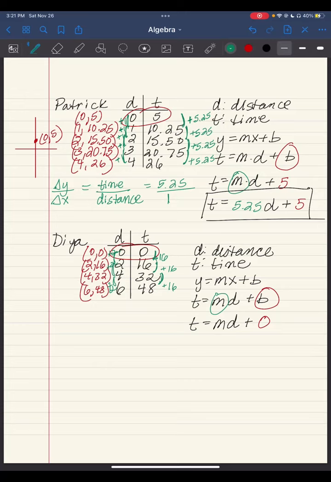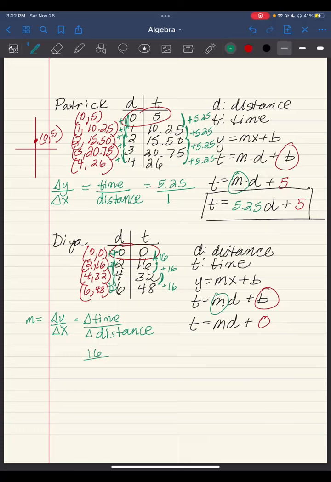We know that the slope, we said, is the change in y over the change in x, which in this case is the change in time over the change in distance. And look at what happens. Change in time is going up by 16 for each new recording, from 0 to 16, from 16 to 32.